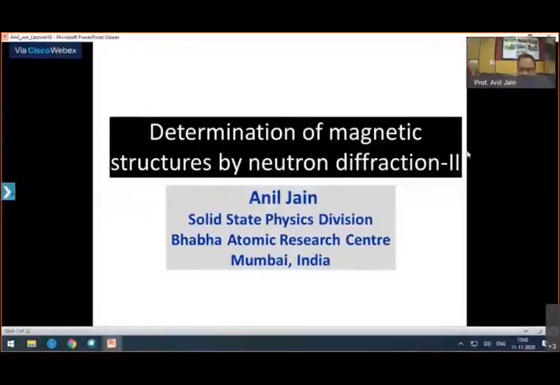Before I come to how neutrons are used to determine the magnetic structure, I will first like to introduce what I mean by the Rietveld refinement. Many of you are in research and you daily use this terminology that we do this Rietveld refinement.